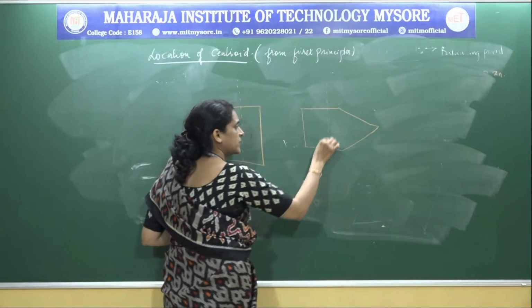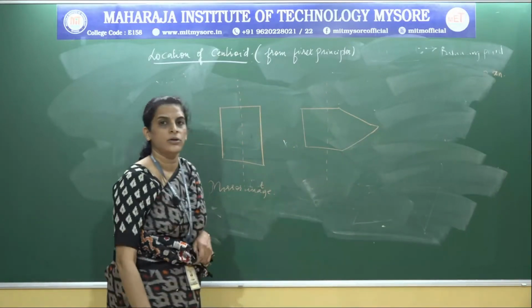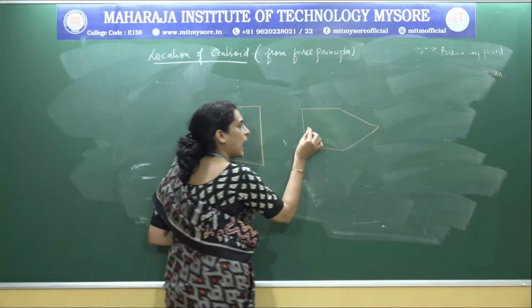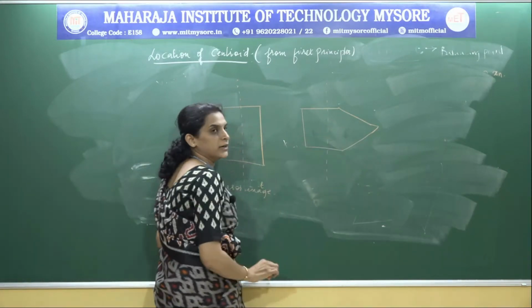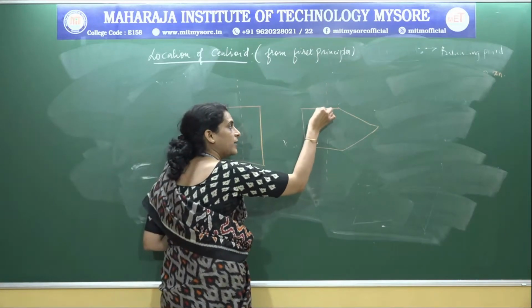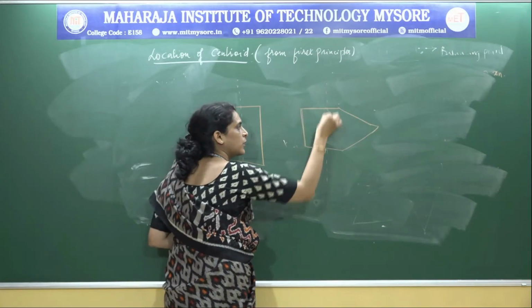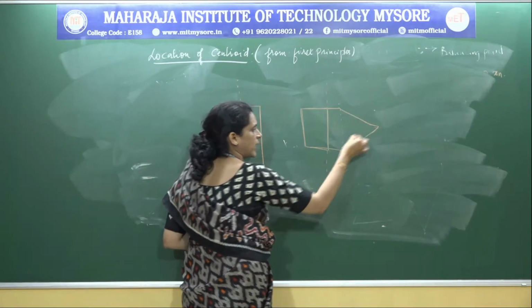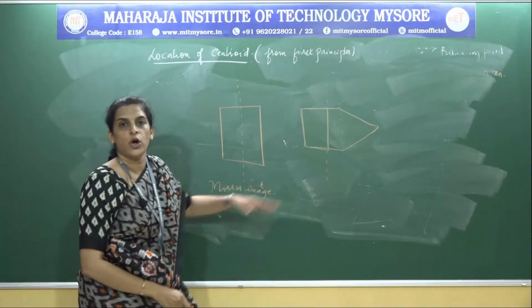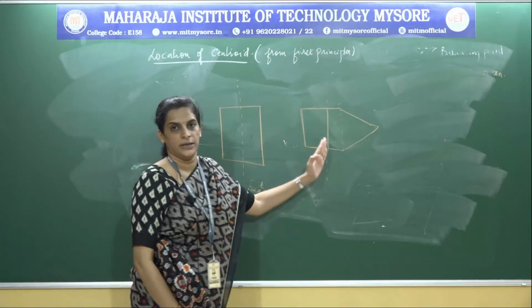So can I tell this as the axis of symmetry now? No, because I do not get the mirror image of one another here, wherein I have a rectangle here, while I have a combination of a rectangle and a triangle here. So I do not get a mirror image here.